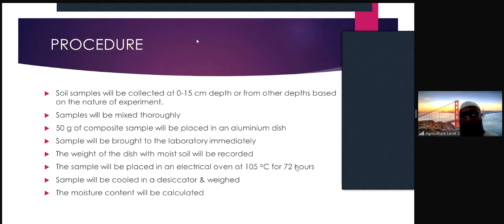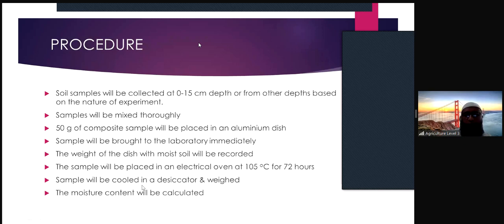How can we be confirmed that it is completely dry? We need to check the weight, and if we find the weight same for a couple of measurements, that seems that it has got a constant weight. That constant weight ensures that the soil has been dried properly.